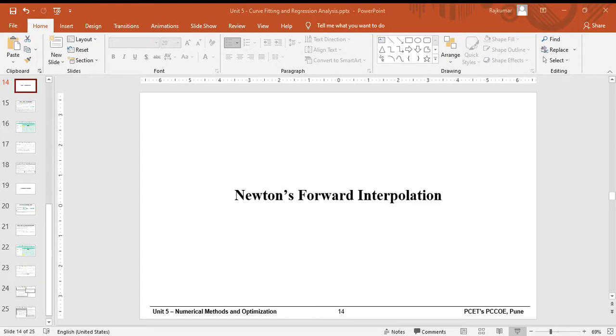Or the same formula can be used for extrapolating as well, but again in that case the value of x and y should be close to x naught, just before x naught.